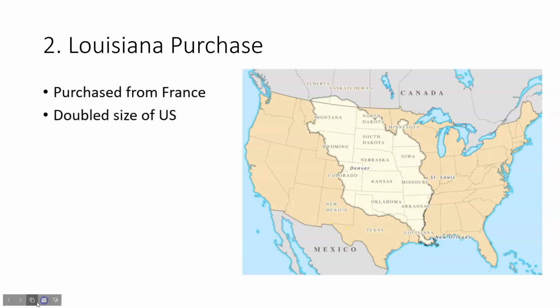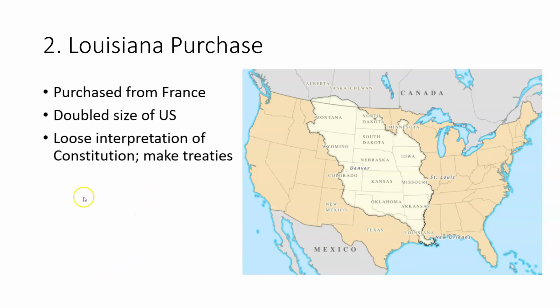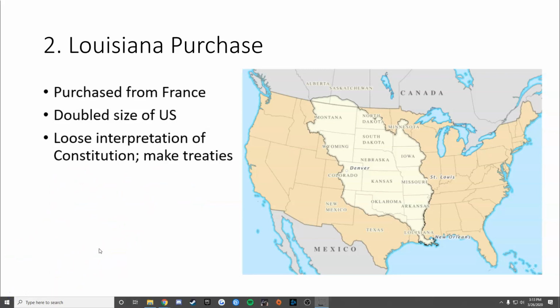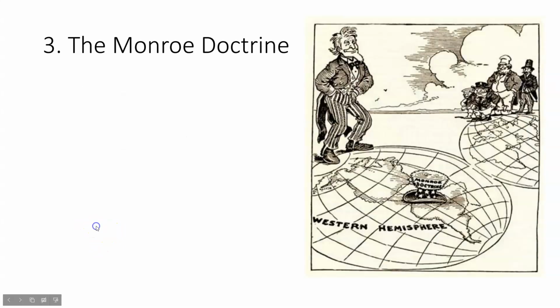So it doubled the size of the United States. It was purchased from France. Remember, it has to do with loose interpretation of the Constitution. And remember, loose interpretation means that you don't do exactly what's in the Constitution. In this case, Thomas Jefferson used the power to make treaties as a way of purchasing land. And that's the second part of American foreign policy.